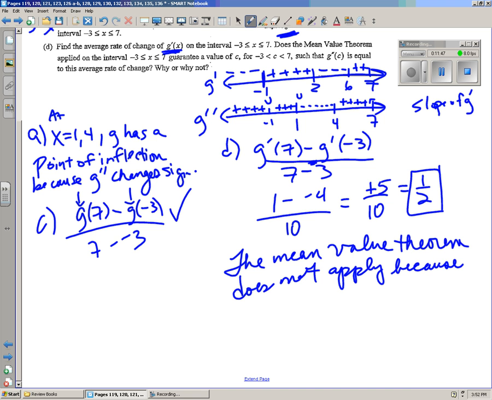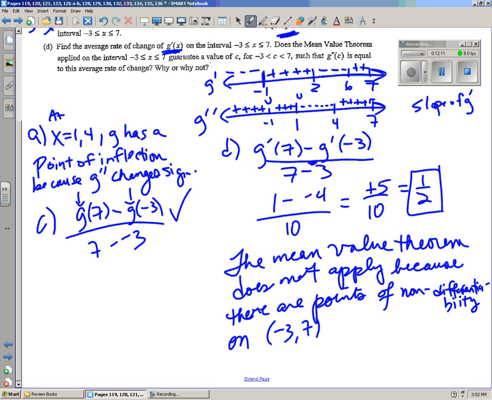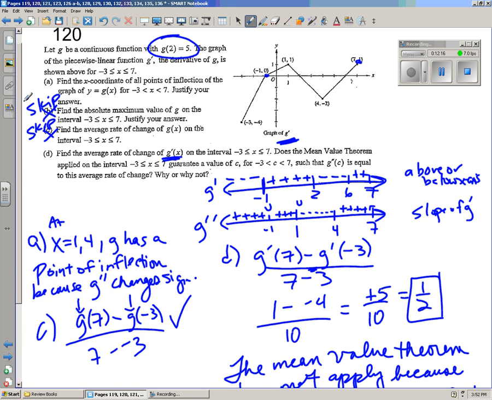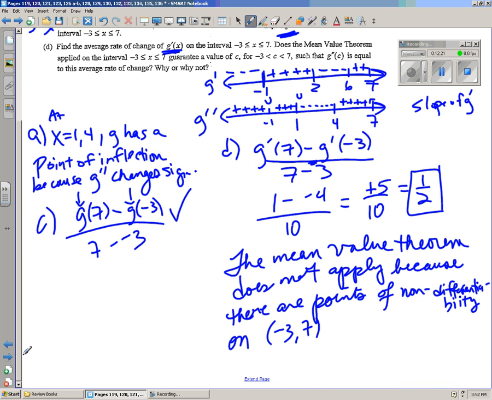So there are points of non-differentiability on the interval -3 to 7. Individually, at -1, 1, and 4, g double prime does not exist.